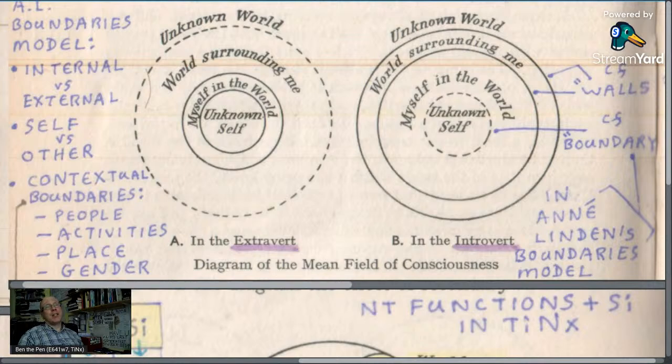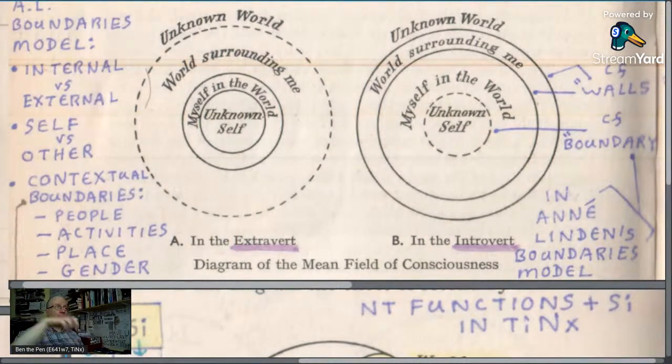So ENTJs are typically going to be 8 or 3. Rarely you might get a 6. But pretty much 8 and 3. So the focus is on being in the world, and with that 8 fixation and 3 fixation, achievement in the world and controlling the world.